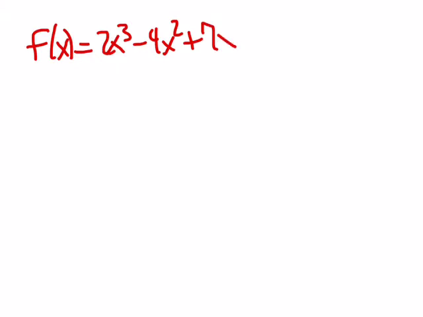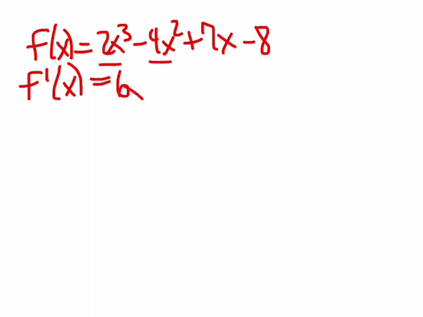Here's f of x, 2x cubed minus 4x squared plus 7x minus 8. And it says find all of the derivatives of this function, all of them. We're going to go to infinity. So the first derivative, I'm just doing the power rule for a couple of these. 6x squared minus 8x plus 7, and then plus 0 for the derivative of negative 8 is 0.